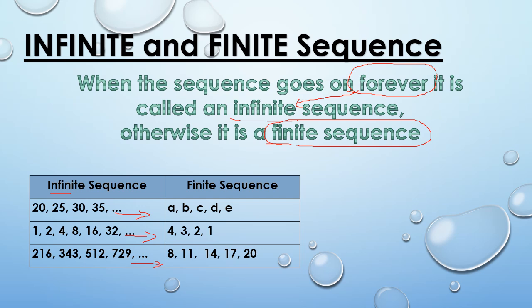Examples of finite sequence: A, B, C, D, E. It ends in E, so that is finite. 4, 3, 2, 1 ends in 1 is finite. Or 8, 11, 14, 17, 20 ends in 20 is also finite.